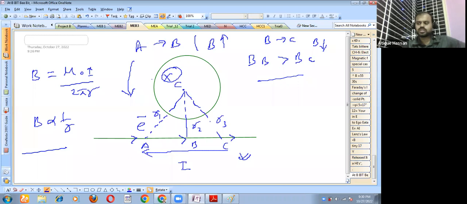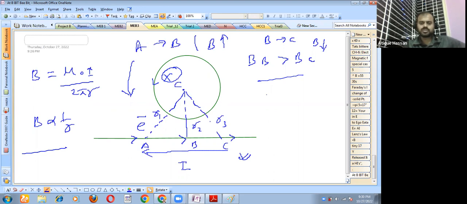So current will be induced such that it will oppose that. It means anti-clockwise current will be induced so that it will produce an outward magnetic field. Similarly, during the movement from B to C, the magnetic field is decreasing in the inward direction.